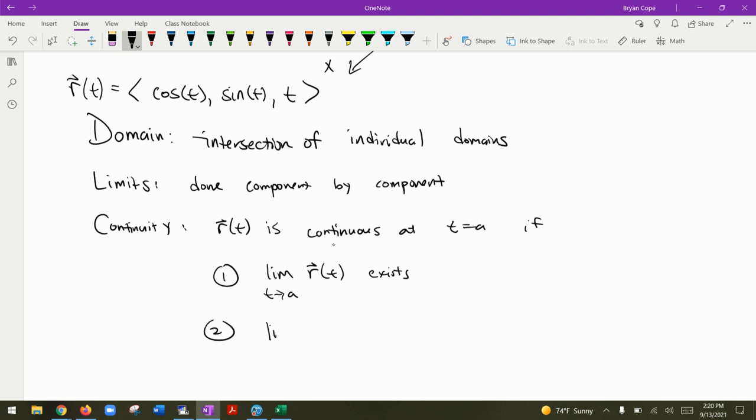And two, the limit as t goes to a of R of t equals R of a. Remember, the limit has to exist, and the limit has to equal the value of the function there. Those are two conditions that you were told at some point last year, and I wonder if they ring a bell at all. No? Okay. That's fine.